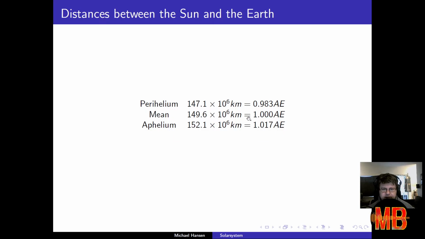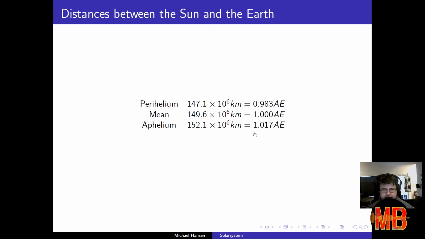And then we have a mean distance here, which we define exactly as 1 astronomical unit. This would be an AU and not an AE. This is because it's in Danish. I'm sorry about that. I went through these slides pretty quickly and corrected them, but obviously I didn't correct them enough. So in perihelion, it is 0.983 astronomical units. You have the raw numbers here.